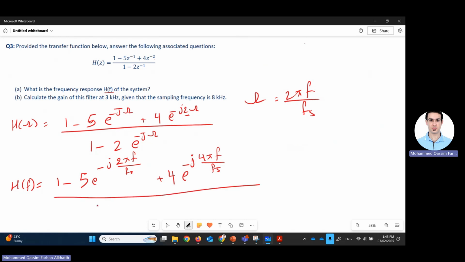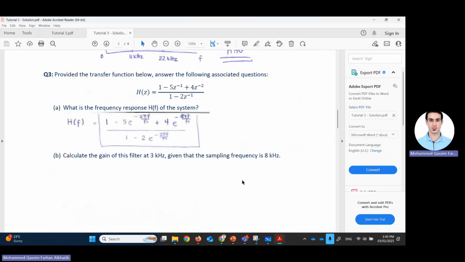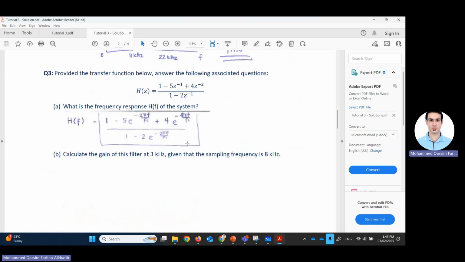Divided by 1 minus e to the power minus j 2 pi f over fs. So it's pretty straightforward. Okay, let's confirm to avoid surprises later. There it goes, just the same thing.